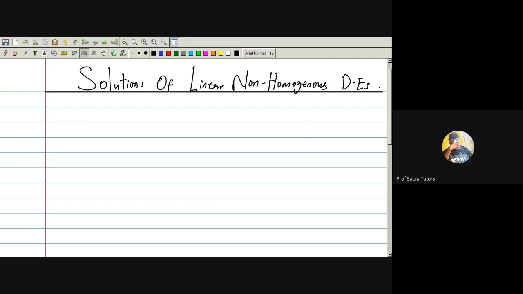Now let's pay attention. The solution to a non-homogeneous differential equation always consists of two parts. The complete solution consists of two parts: y = CF + PI.